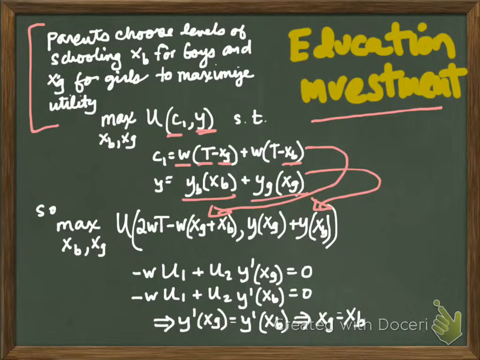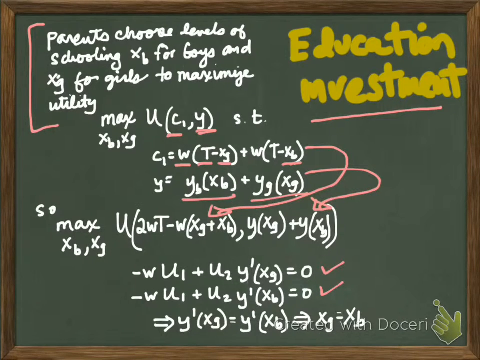We take the derivative of the utility function with respect to girls' schooling, set that equal to 0, derivative with respect to boys' schooling, set that equal to 0. Now we have two equations with two unknowns, XG and XB.